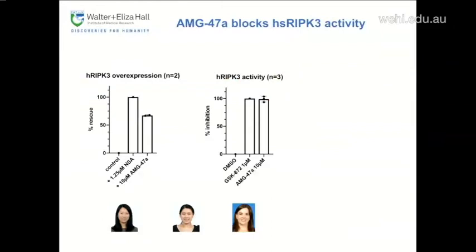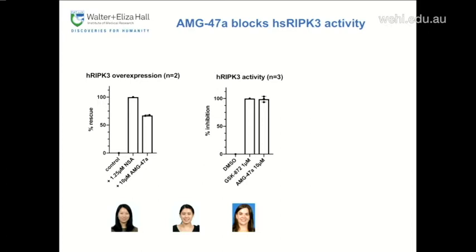And this is the final little bit of extra information. This is some more data from the screening lab. There's a RIP3 overexpression assay that was developed by Ying, and the work from the screening lab was performed by Amanda and Kim. And we do see some quite significant protection from this overexpression in U937 cells with AMG 47A, as compared to NSA, so it's a good 60–70% protection.